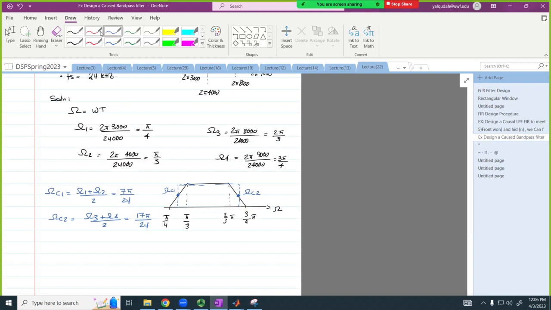From here, my ideal filter is going to be h_d of n equal to sine of 17 pi multiplied by n over 24 divided by pi multiplied by n, minus sine of 7 pi multiplied by n over 24 divided by pi multiplied by n. Our ideal filter. Okay.